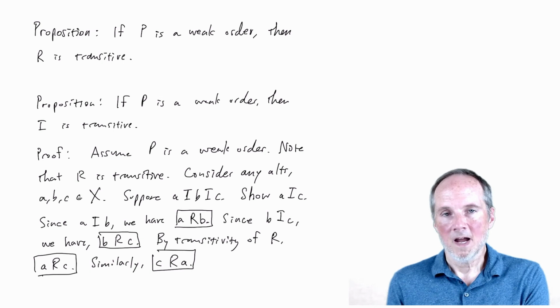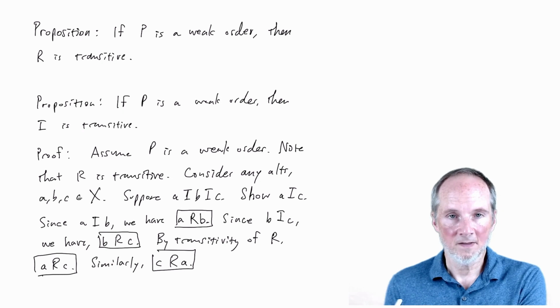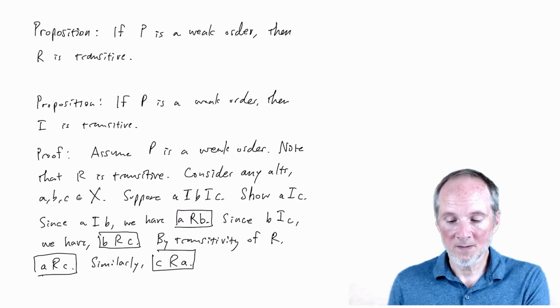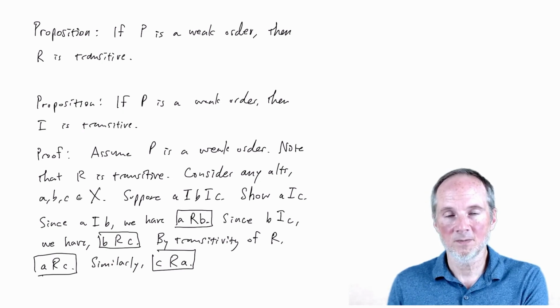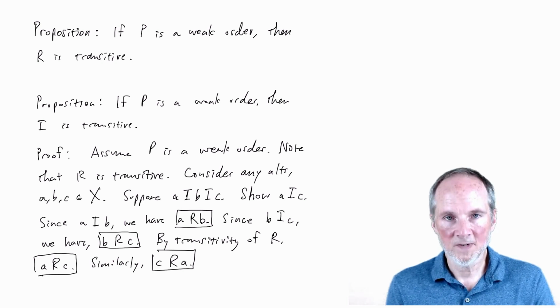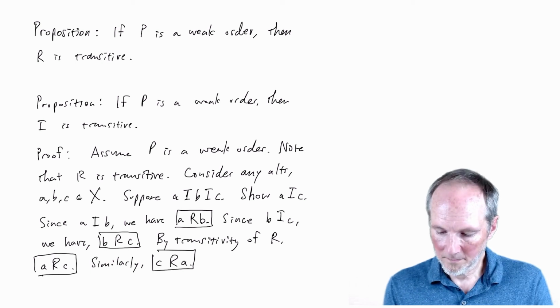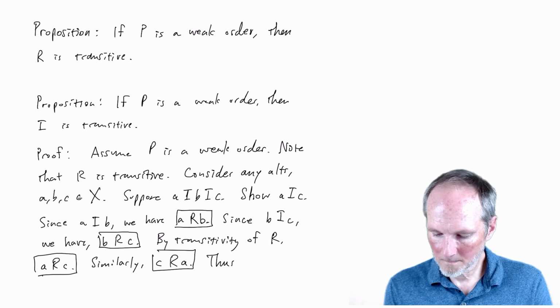All right, well now we've shown that A is weakly preferred to C and C is weakly preferred to A. Remember how we defined indifference. We said indifference holds whenever you don't have a strict preference in either direction, but then that's the same as saying a weak preference holds in both directions. Well, here we have a weak preference in both directions. A is weakly preferred to C, C is weakly preferred to A. That means that they're indifferent.